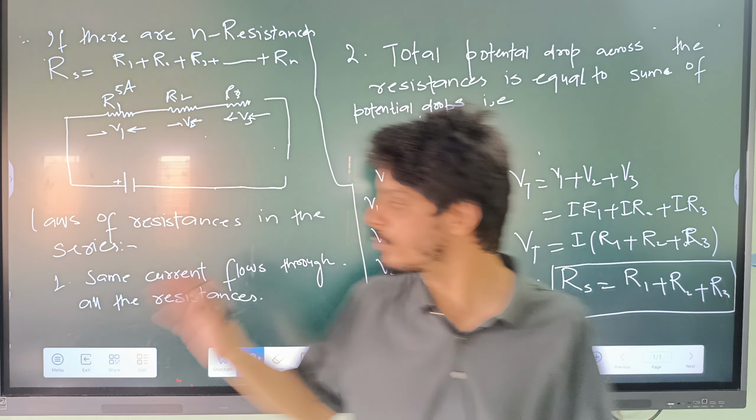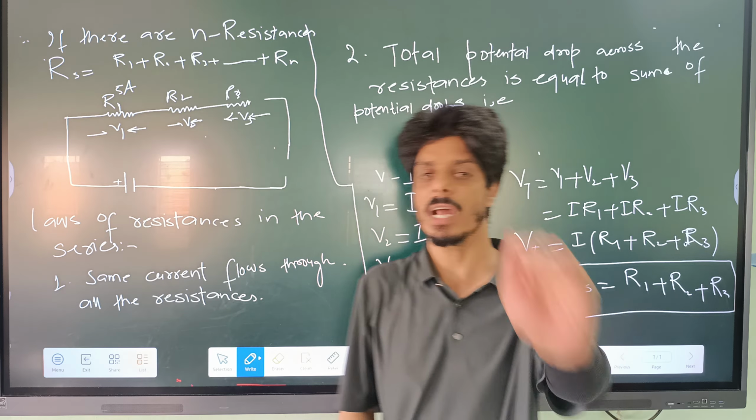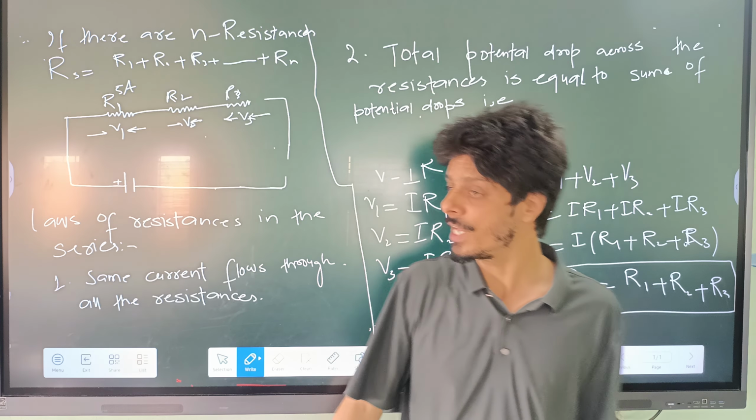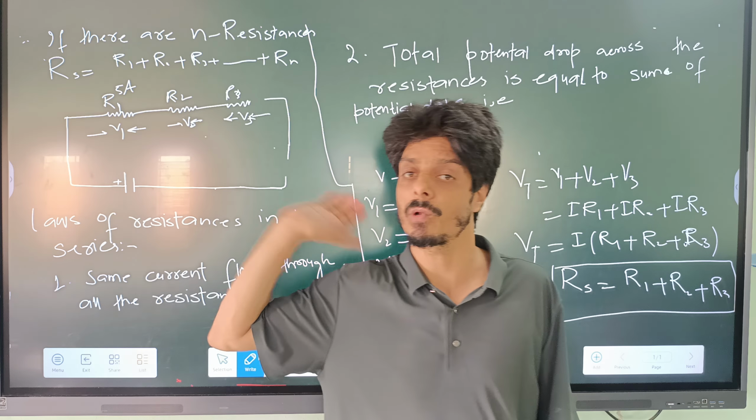What I mean to say is that if we have resistances R1, R2 and R3 connected in series such that the same current flows through them, then the potential drop will be the sum of the potential drops across the resistances.